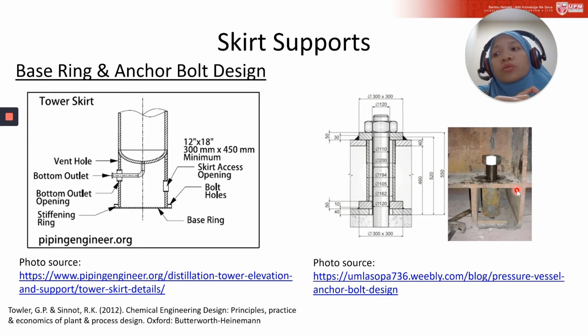Due to this load, we need to prepare our skirt support. The skirt support can withstand the loads by having the weight of the vessel, plus the tensile load in the anchor bolts.